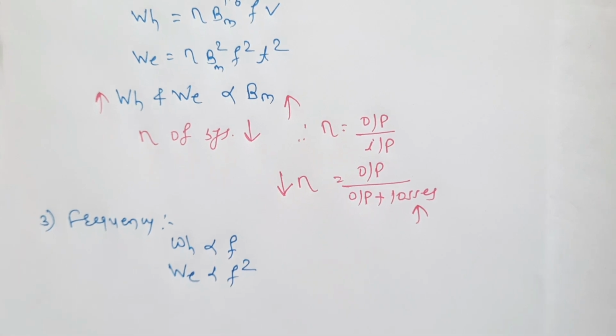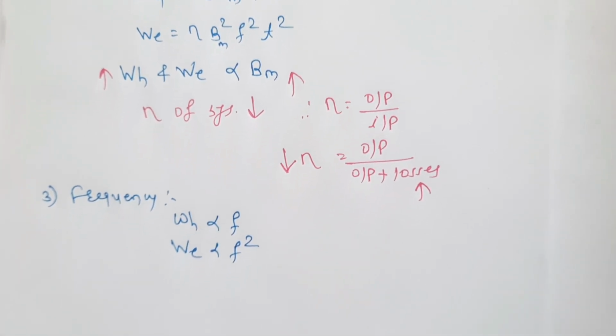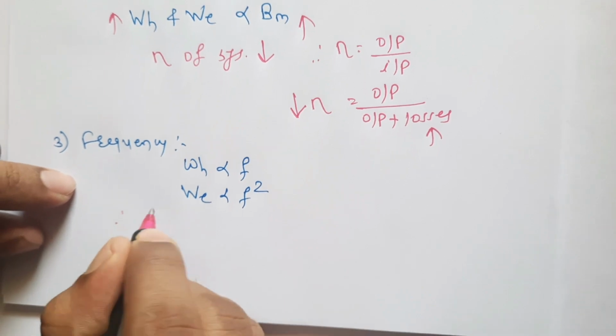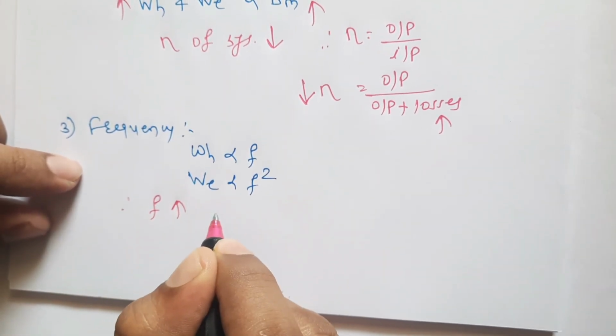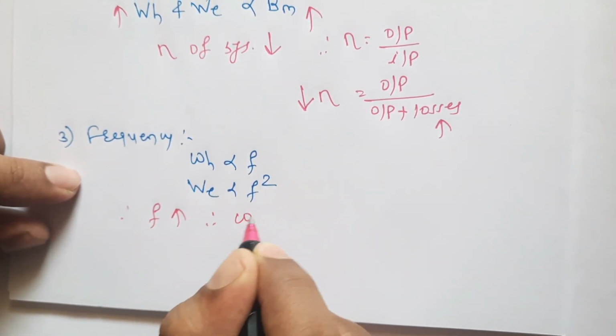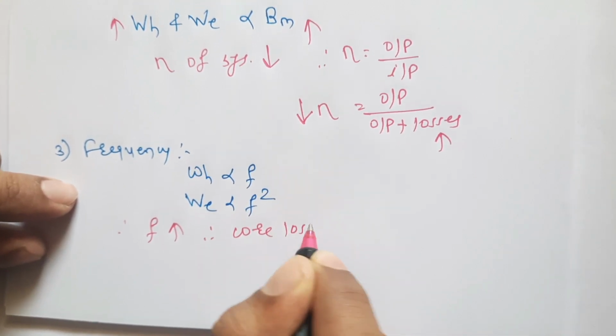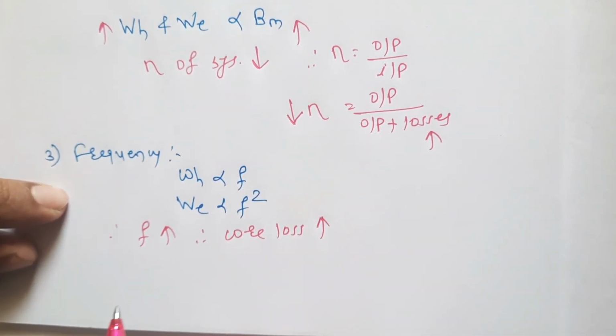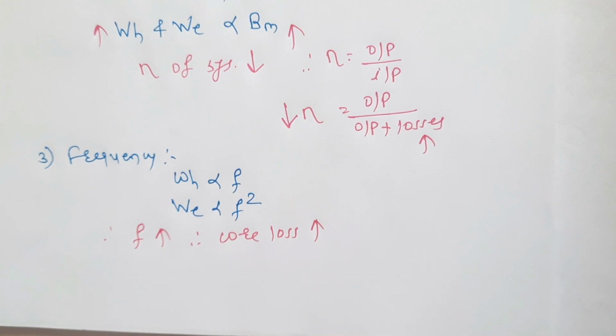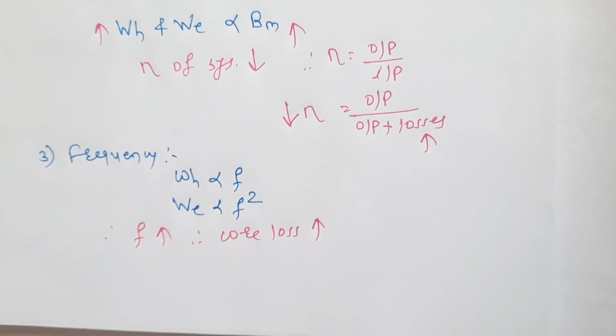Therefore, core loss is also directly proportional to frequency. As the value of frequency increases, core loss also increases. Therefore, BAV is selected such that the iron losses are within limits.